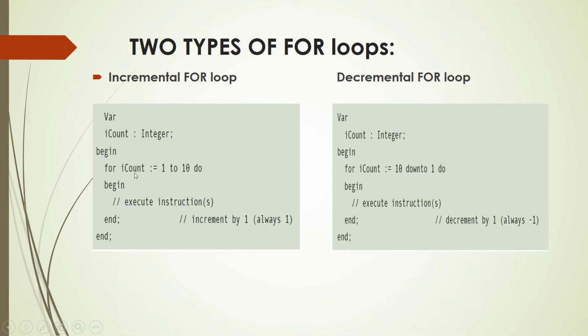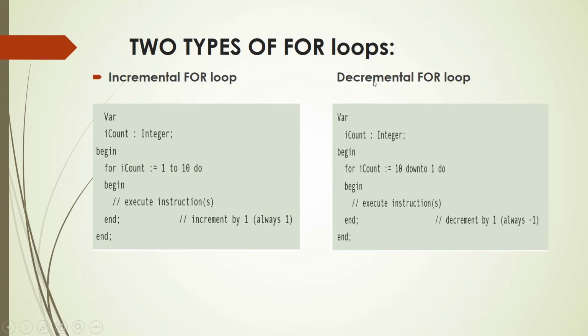Remember I said to you, you could use I, you could use K, you could use L, you could use iLoop. It doesn't matter what variable you are comfortable with. My start value is always my minimum or my smaller value. My end value is always my maximum value. And each time I execute the instruction, it increments by 1, always by 1.